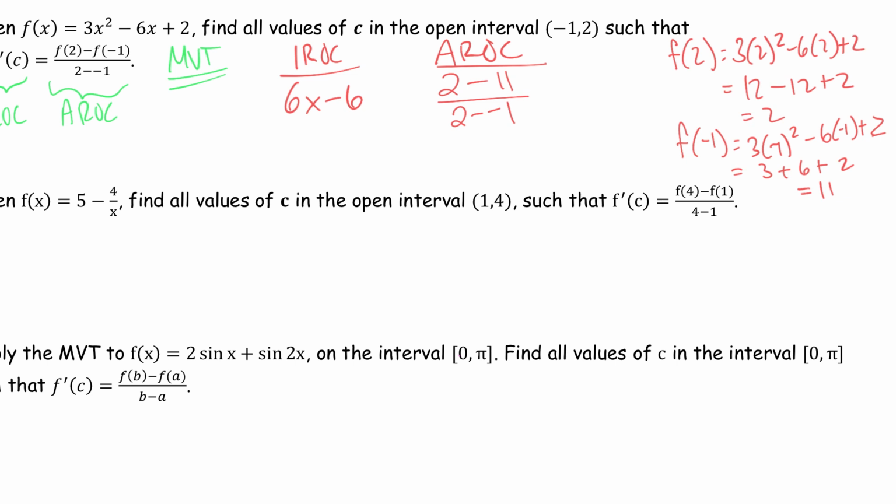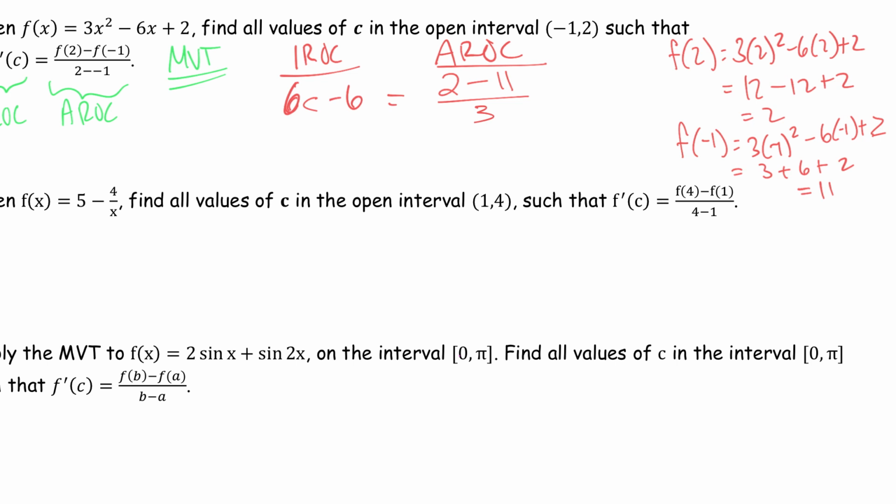Okay, so that should be 6c minus 6 because it's at this one spot, so it's not just going to be x. Because we're trying to solve for c, right? So we need these things to be equal. And I'm going to edit this and say 2 minus negative 1. That is just 3 because it's really 2 plus 1.